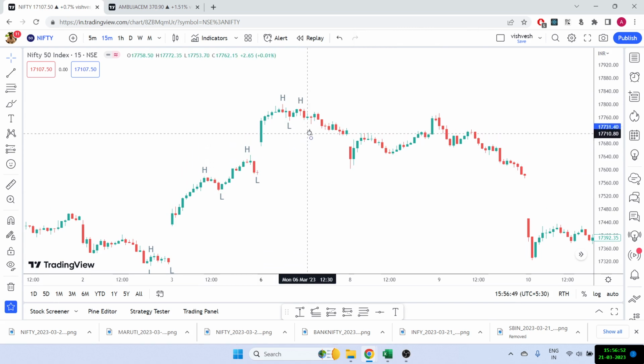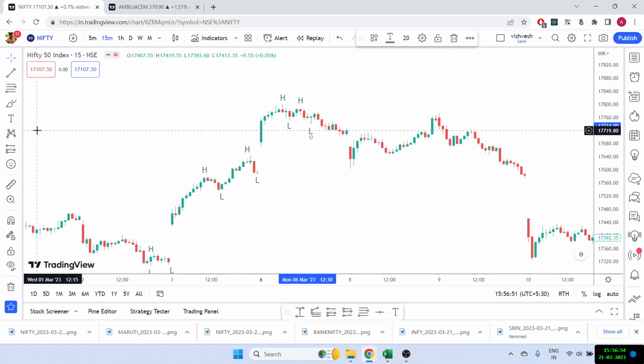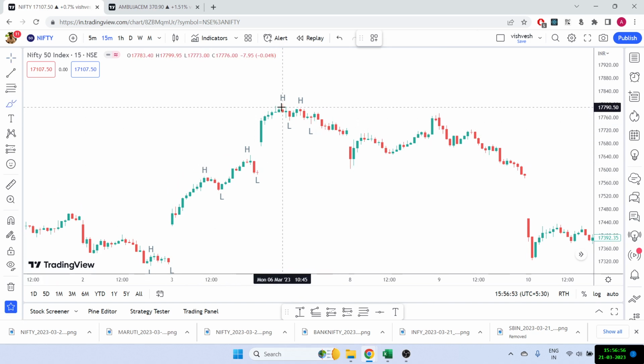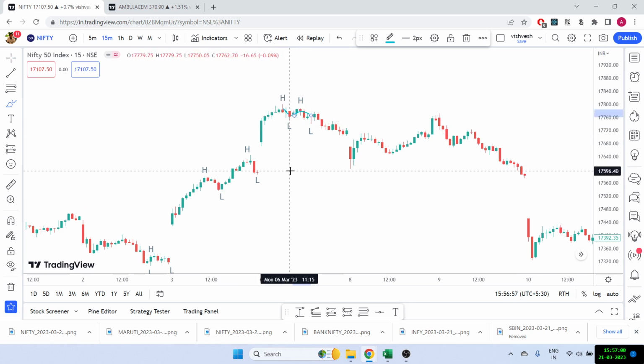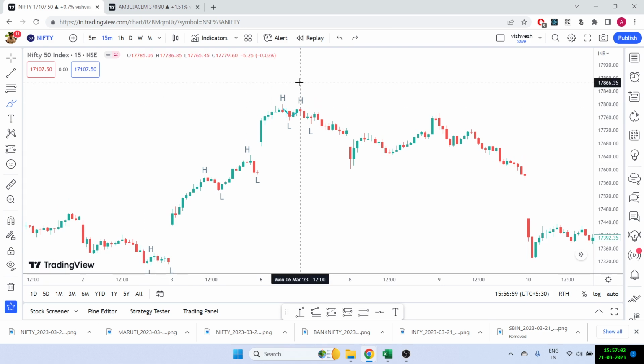I hope you're clear how I'm creating the swing low and the swing high. All I'm looking for is a V formation or a reverse V formation, and based on that, I'm creating all my swing lows and swing highs. And as I said, it should be alternate. That's very important.